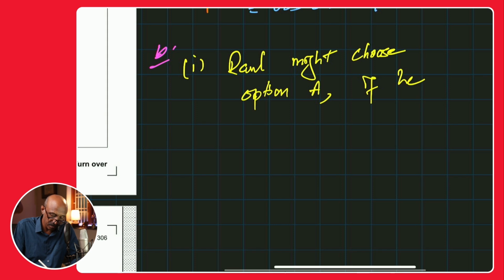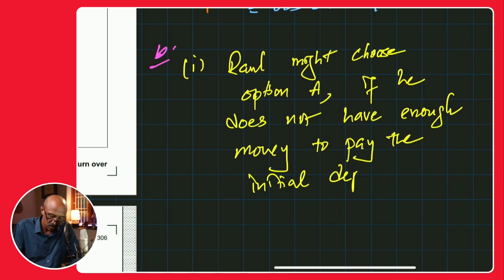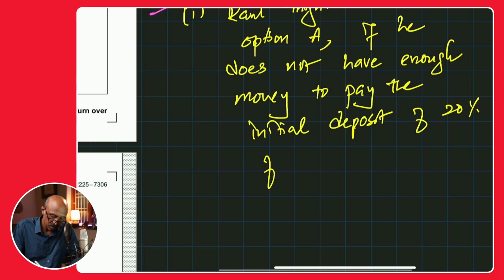If he does not have enough money to pay the initial deposit of 20% of the loan amount, not the loan amount, of the price of the car, price of the truck.